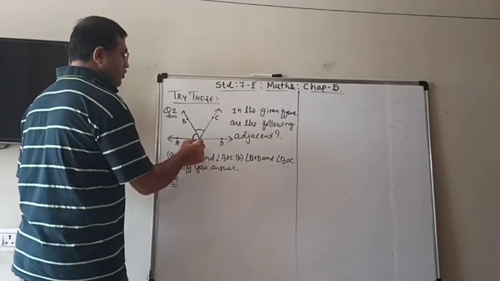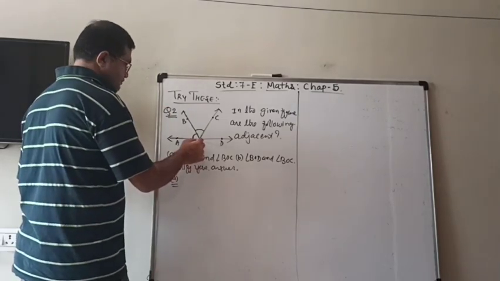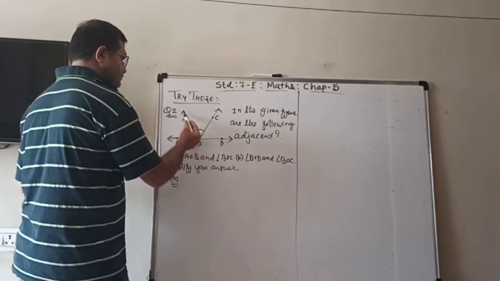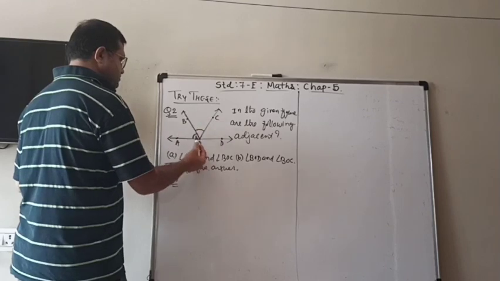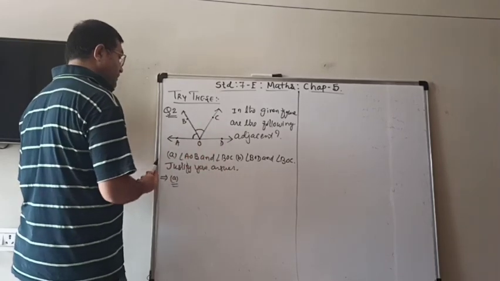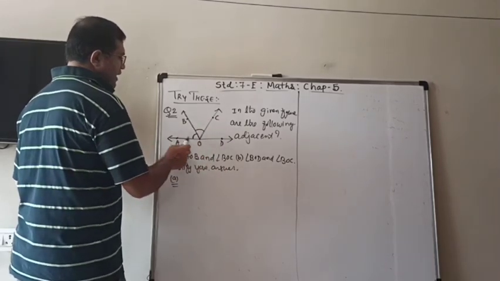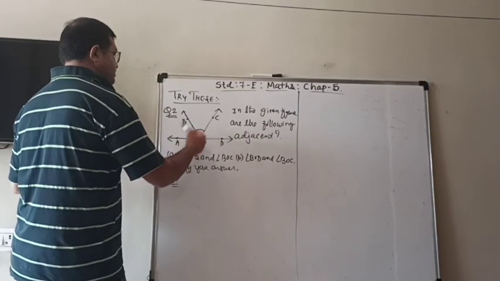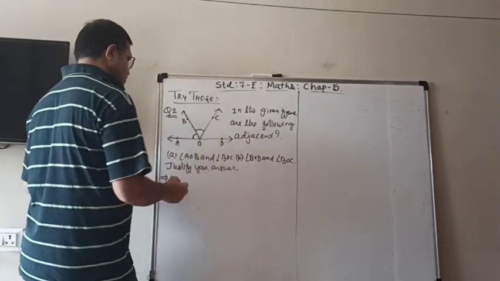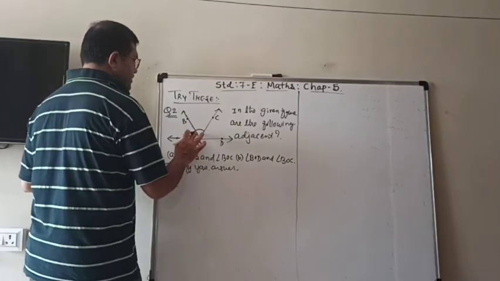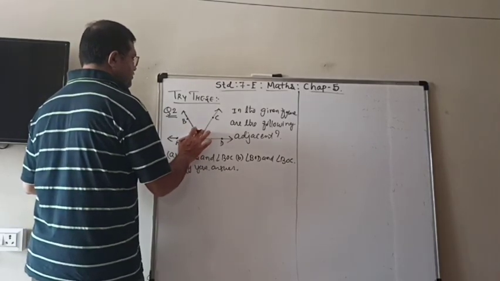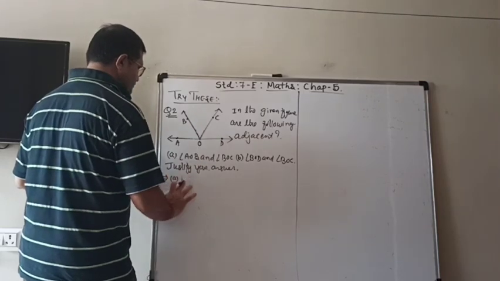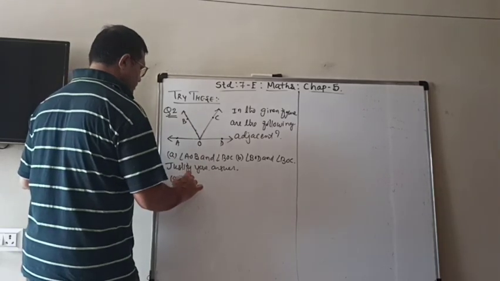You can see that they have the common vertex O. They have the common arm OB also, and the non-common arms are OA and OC, which are on either side. So we can say that angle AOB and angle BOC are adjacent angles.